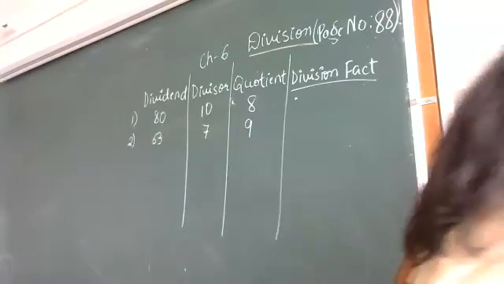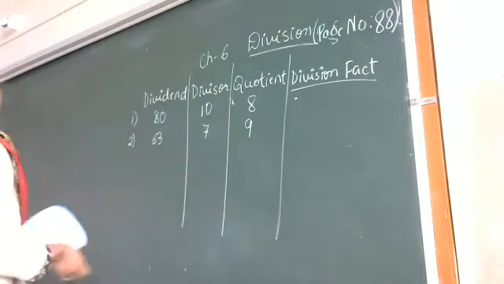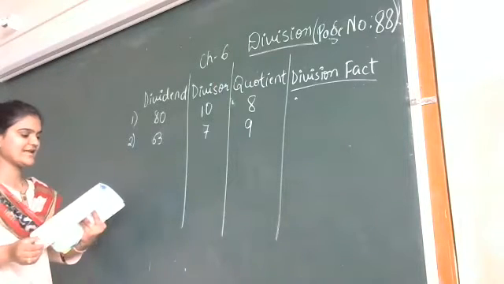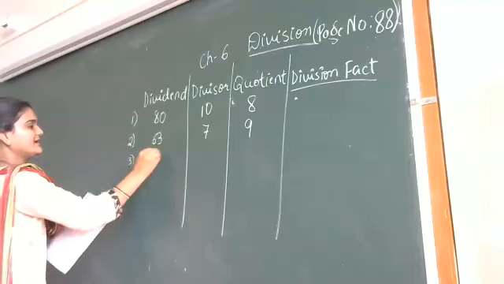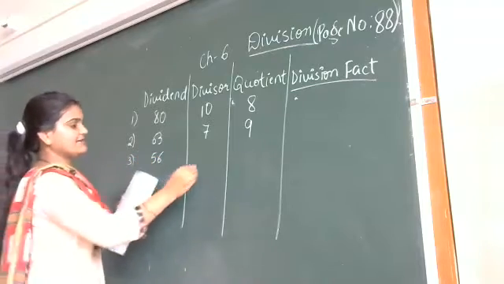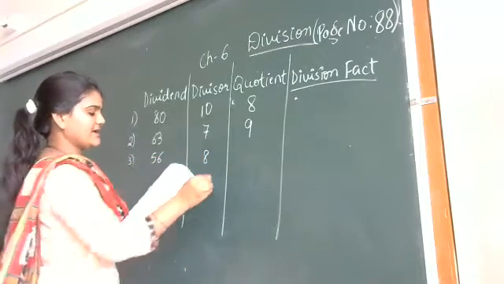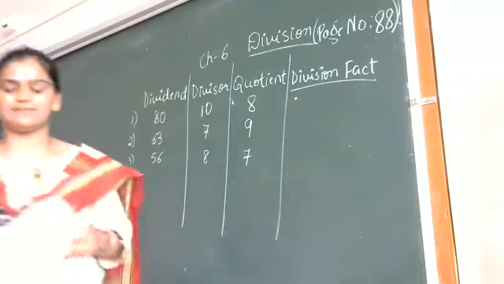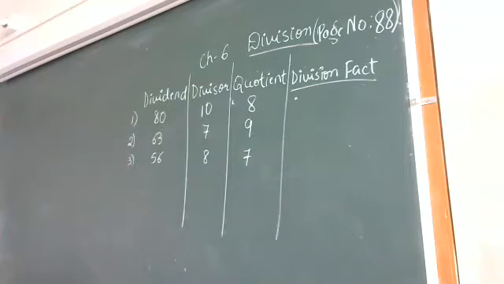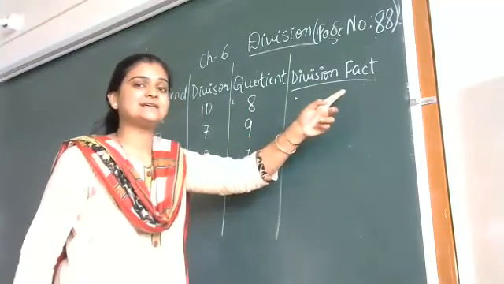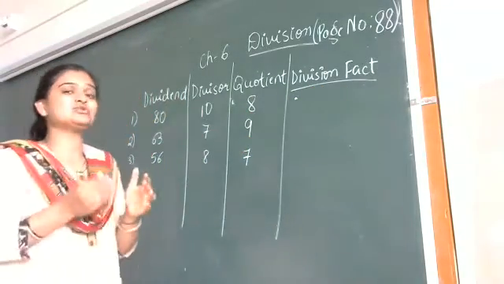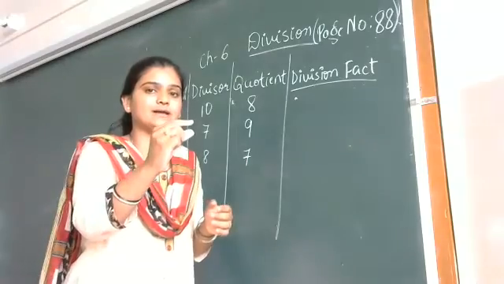Okay. So the table which is given has dividend, divisor, quotient, and we are supposed to write the division fact. The third one: dividend is 56, divisor is 8, quotient is 7. What is the meaning of division fact? Here, division fact tells us that we are supposed to write the question.